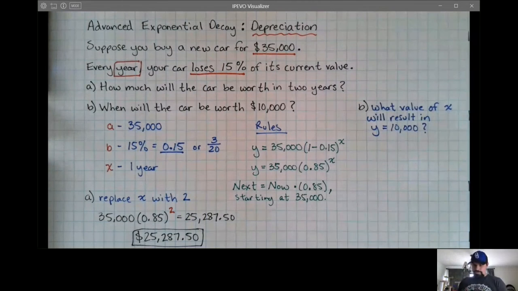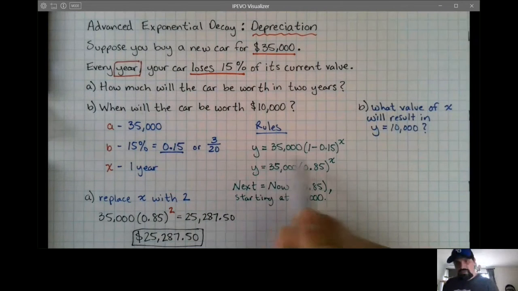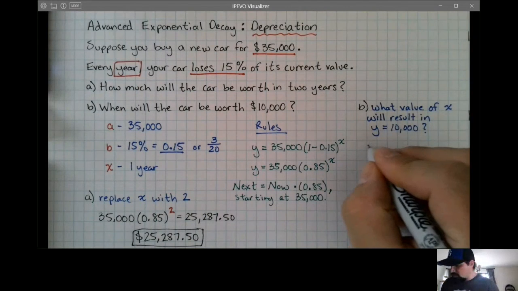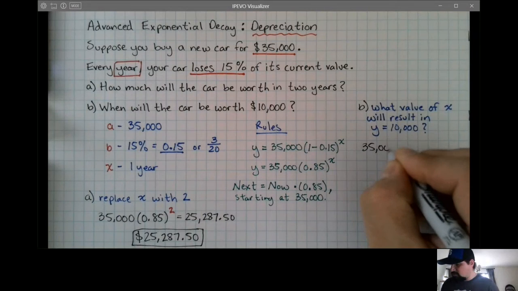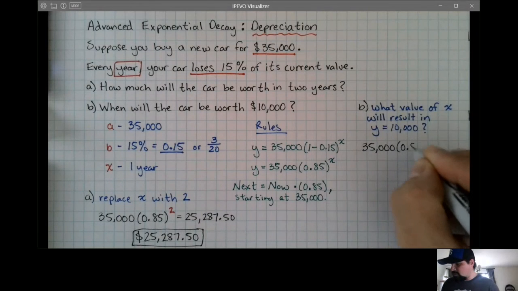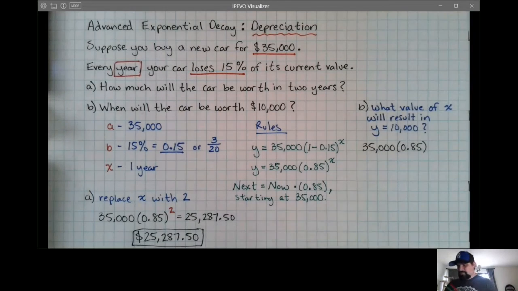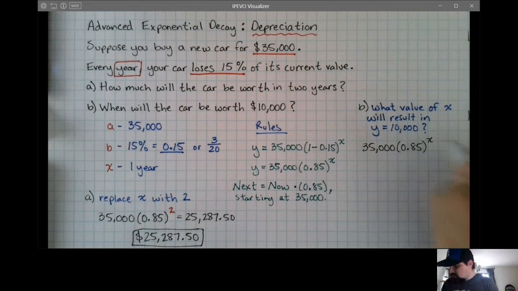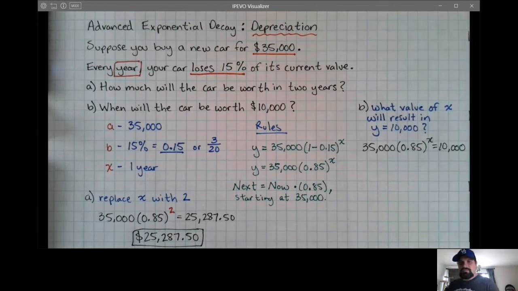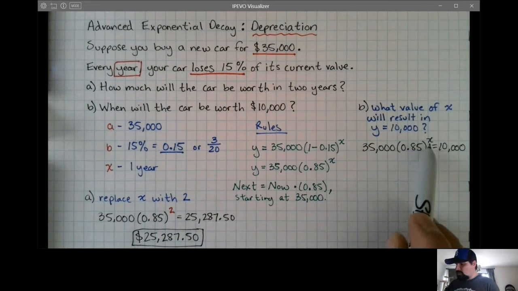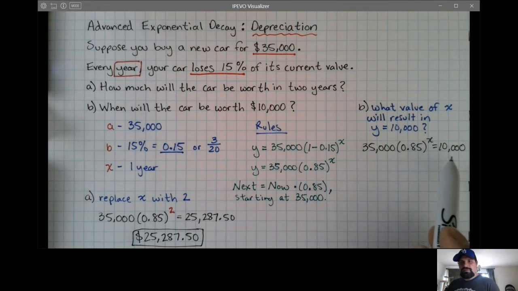So if we set that up as our equation, using, again, our function rule, that's solving 35,000 times 0.85 to the x equals 10,000. I need to figure out what number I can put in here. How many years will it take till the value of my car is $10,000?